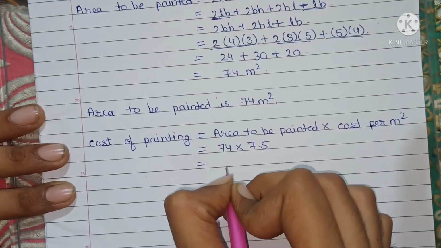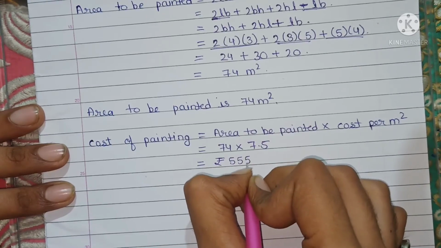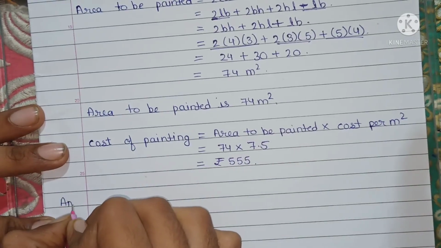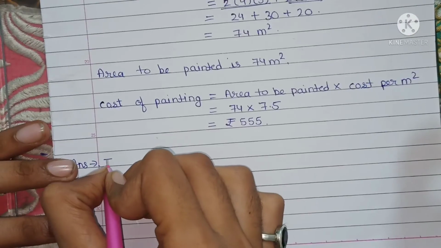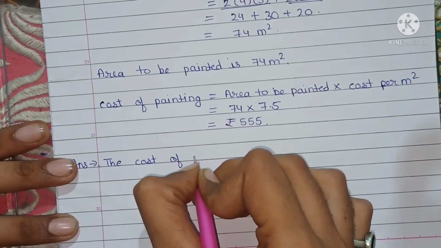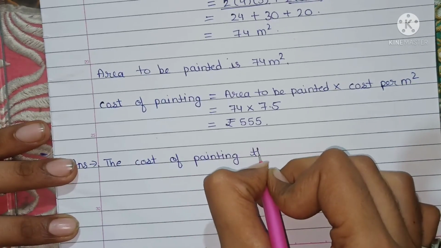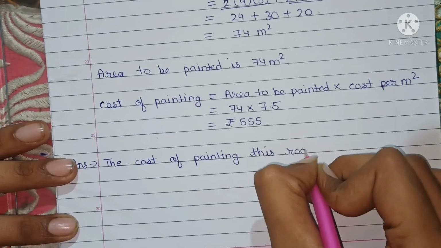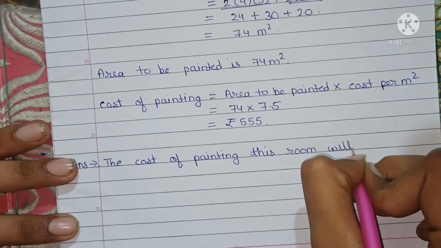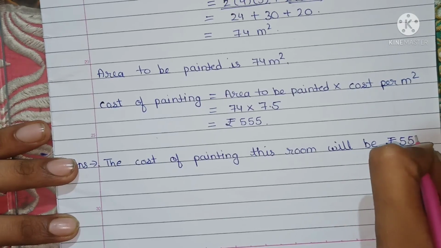Multiplying it, we get 555 rupees. So in answer we can write the cost of painting this room will be 555.